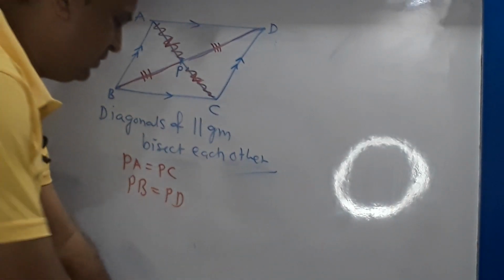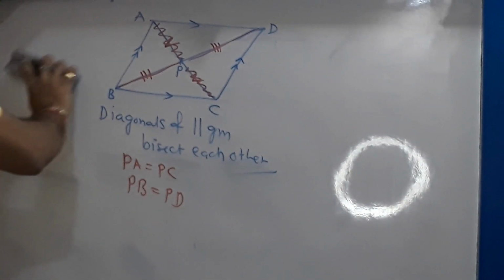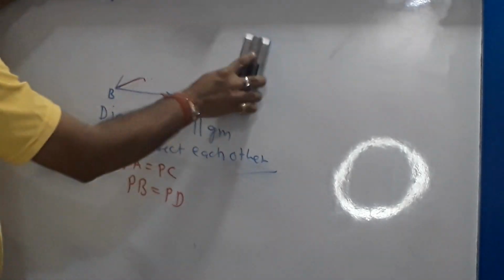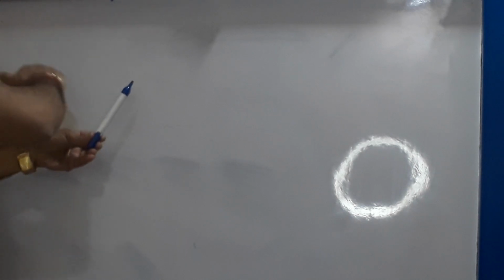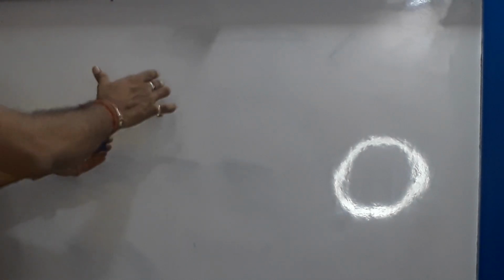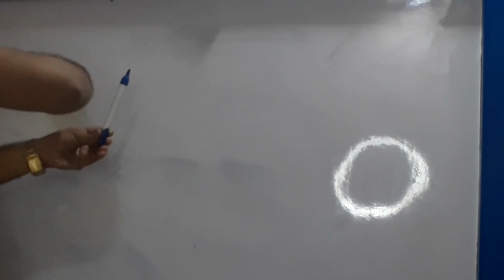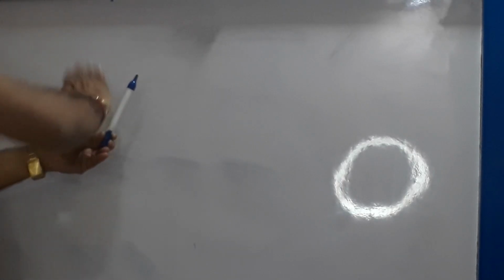So this result you have to remember. Whenever you come across a parallelogram, remember that the diagonals of a parallelogram bisect each other. Both diagonals bisect each other, so this is equal to this, and this is equal to this.